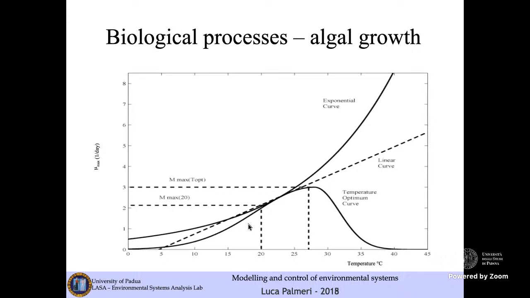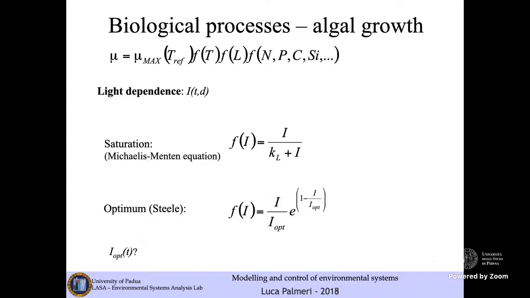So if there is a predominant algal species, you will employ an optimum temperature model. If you do not have a predominant algal species, then you shall go back to the other two models, linear or exponential. This has to do with temperature.